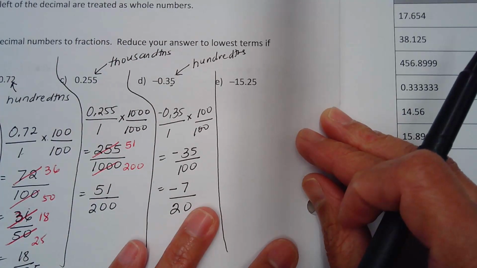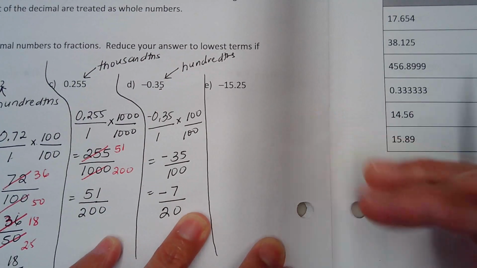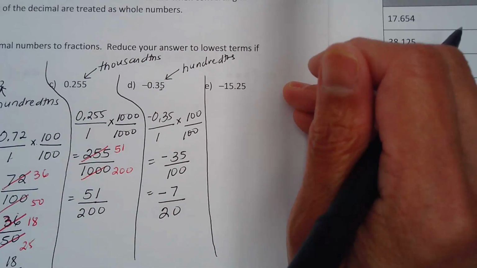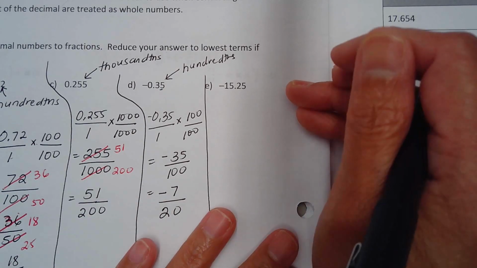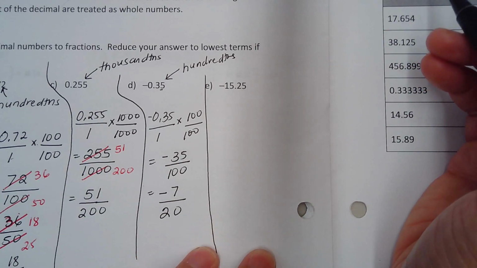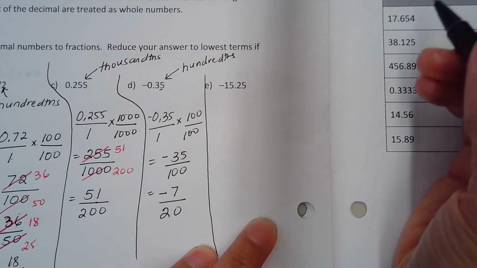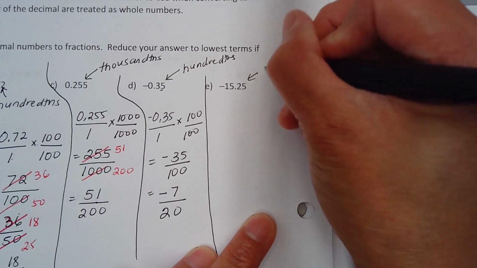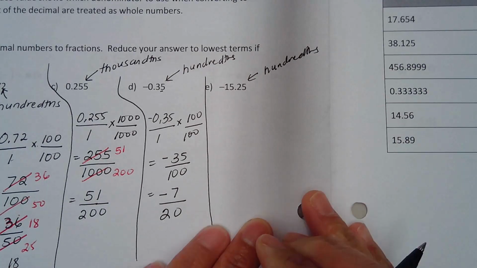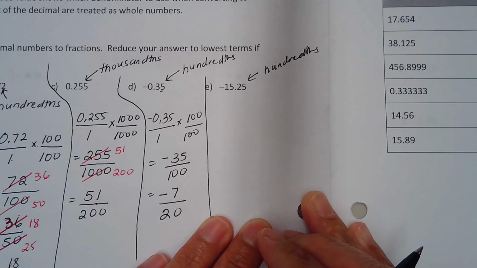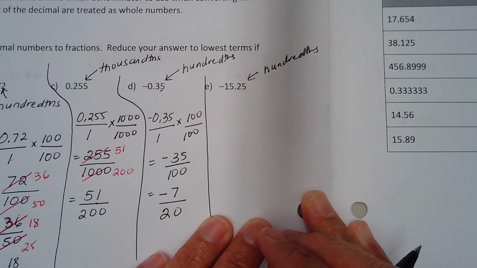Okay, what would this be? Hundredths, right? What would you do?